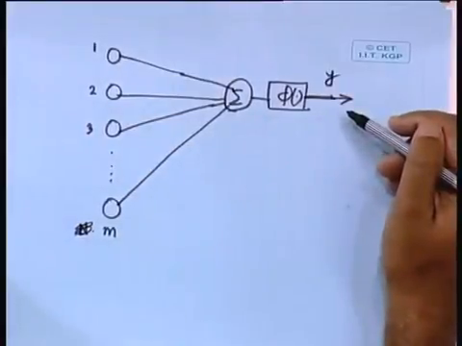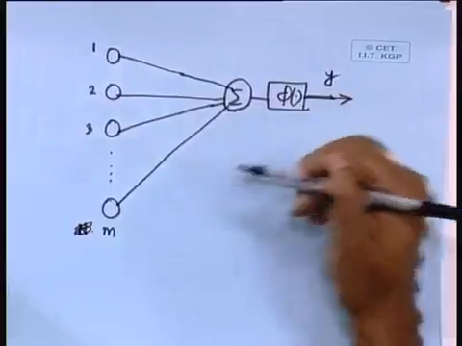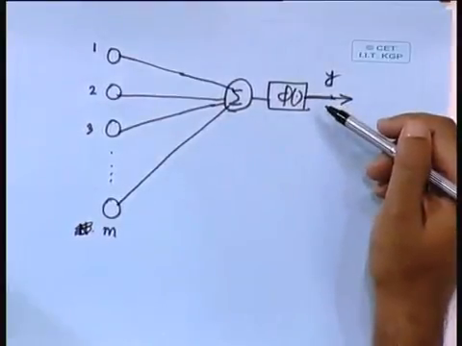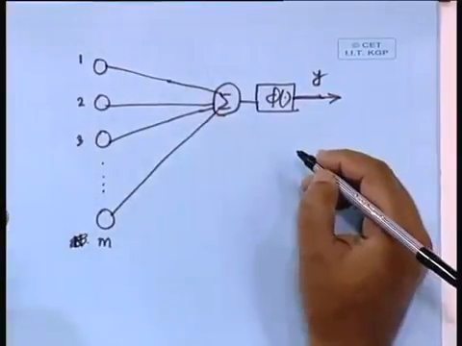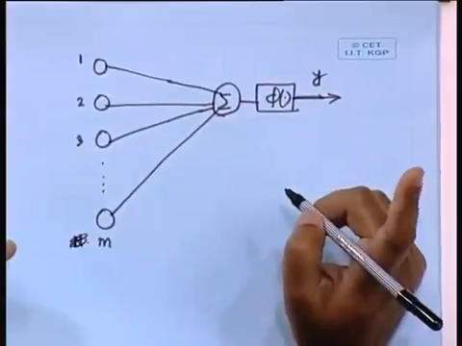Again we take a different pattern, a different x1 to xm, and we get a different output. In the memory based learning mechanism, we try to memorize the association between the input vector and the desired output. That means you are feeding a set of values as input that defines a pattern, consisting of x1, x2, x3 up to xm.